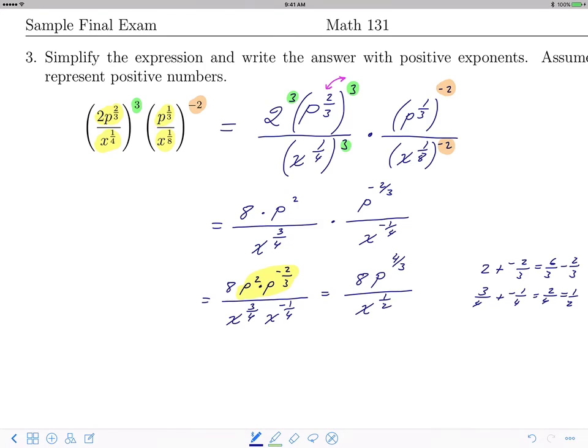So x to the 1/2. And all exponents are positive, so we leave the answer as is. That's the final answer.